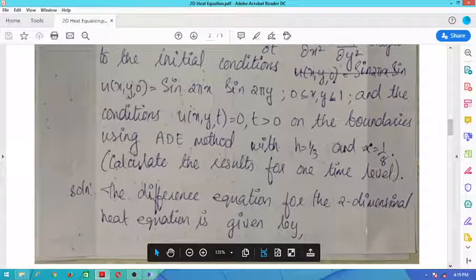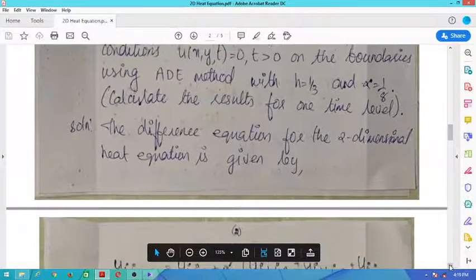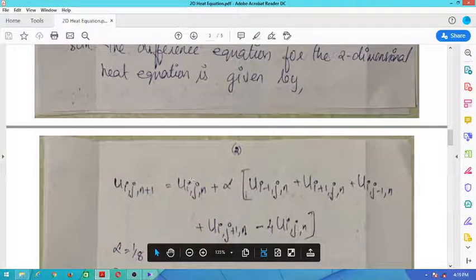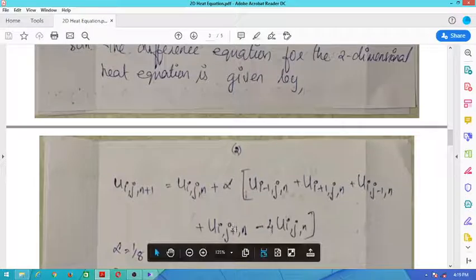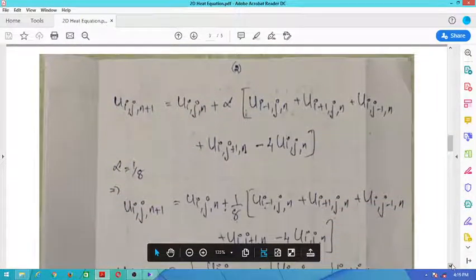First we write the difference equation for the two-dimensional heat equation. It is given by u_ij,n+1 = u_ij,n + α(u_i−1,j,n + u_i+1,j,n + u_i,j−1,n + u_i,j+1,n − 4u_ij,n). In the problem it is given that α = 1/8.